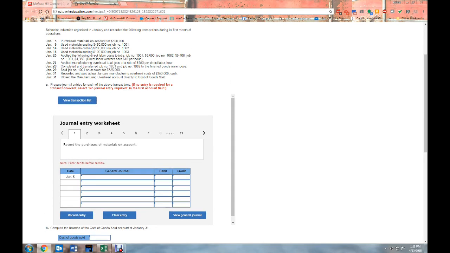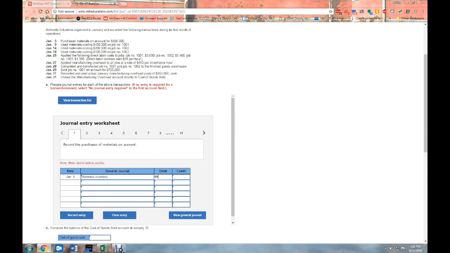Okay, so first, we're going to record the purchase of materials on account on January 5th. So, where does that go? If we purchase materials until we use it up, that is materials inventory. So, we purchased it on account. So, start with our debit. This is why we make you take financial first.